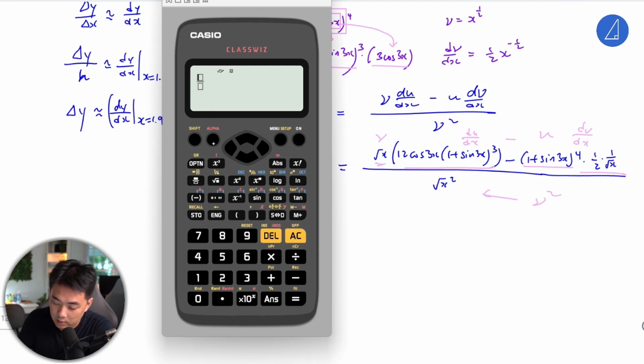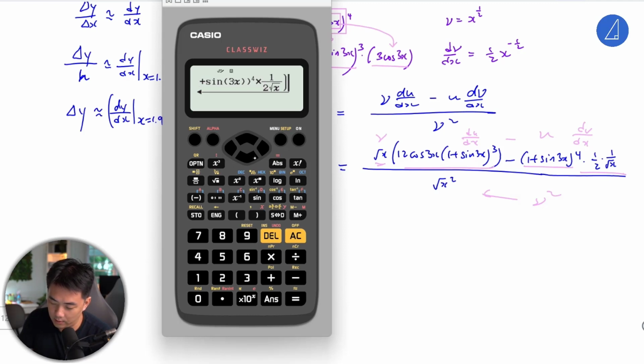In this case, I'm going to key in square root x, then bracket 12 cosine 3x, bracket, times 1 plus sine 3x cubed, minus 1 plus sine 3x, close bracket, to the power 4, multiplied by half and square root x as well.